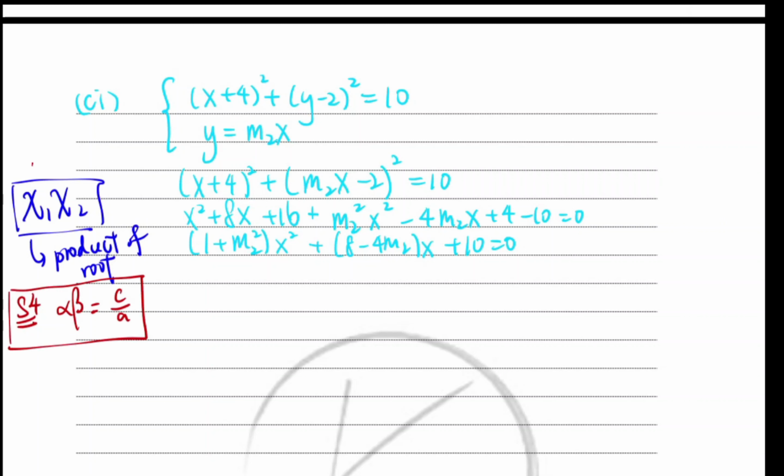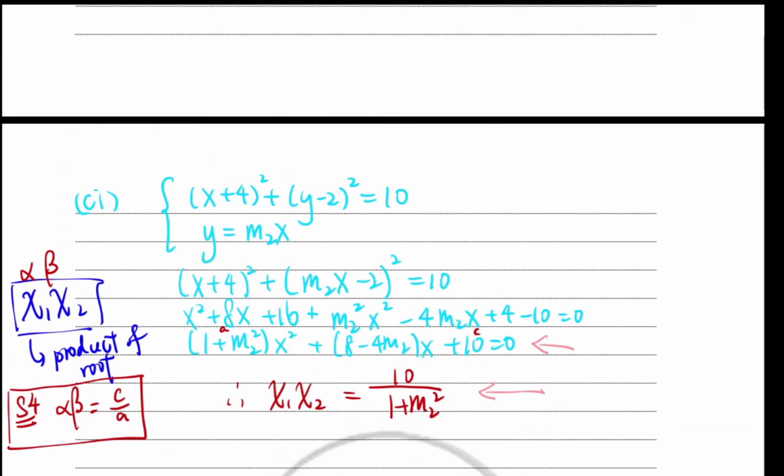So if we think that x1 is our alpha, x2 is our beta, this is our product root. So what is our C? C is 10. What is A here? A is 1 plus m2 square. Therefore, x1 x2 equals to 10 over 1 plus m2 square. That's it. So what you need to show in the step is this line, and tell me that this is about the product root.